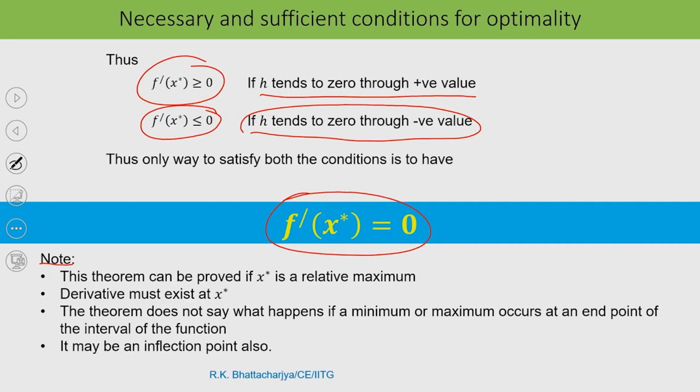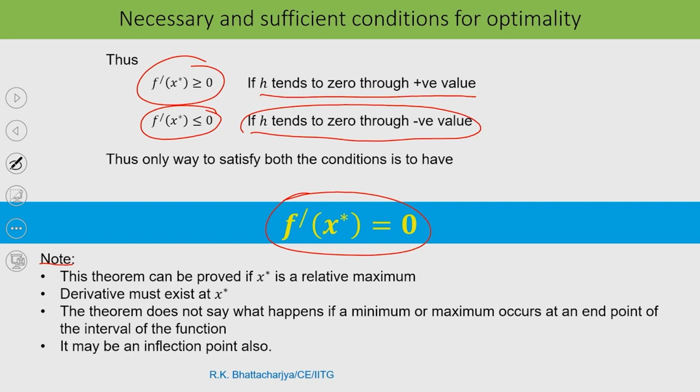The derivative must exist at x star, that means the function must be differentiable at x star, otherwise you cannot apply this necessary condition. The theorem does not say what happens if a minimum or maximum occurs at the end point of the interval of the function. So, if the minima and maxima occur at the end point, that means at a or b, this theorem is not telling anything.